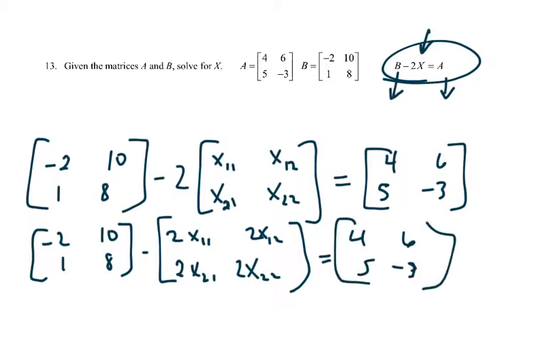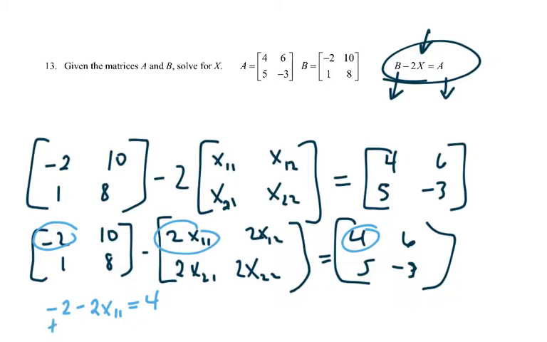So we essentially have 4 sub-problems here, because I need to have negative 2 minus 2x11 equals 4. So I have to solve this one to figure out what x sub 11 is.